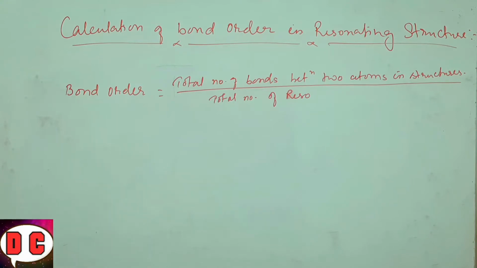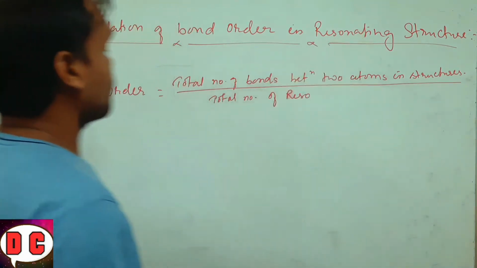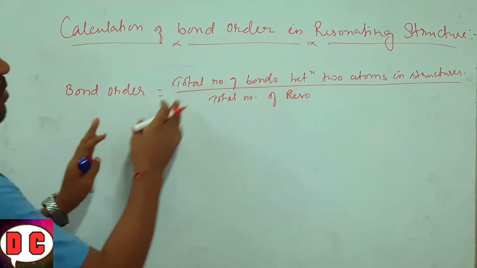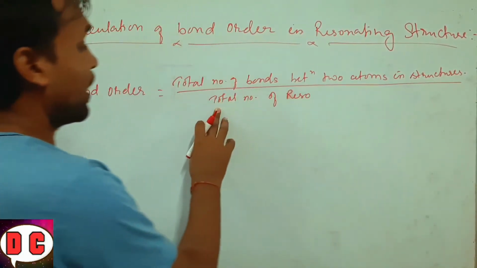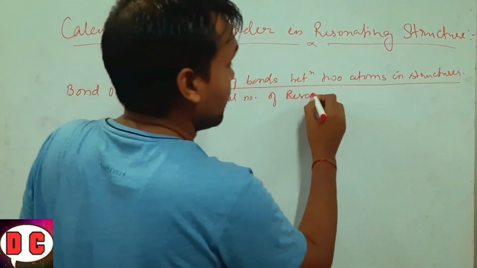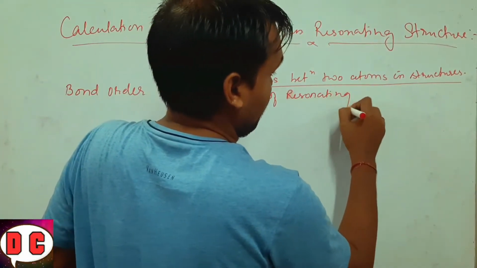Got it? So, calculation of bond order in resonating structures: bond order equals the total number of bonds between the two atoms in all structures by the total number of resonating structures.